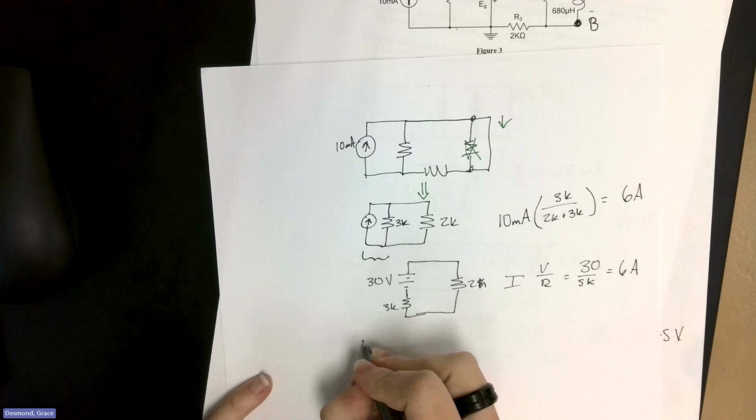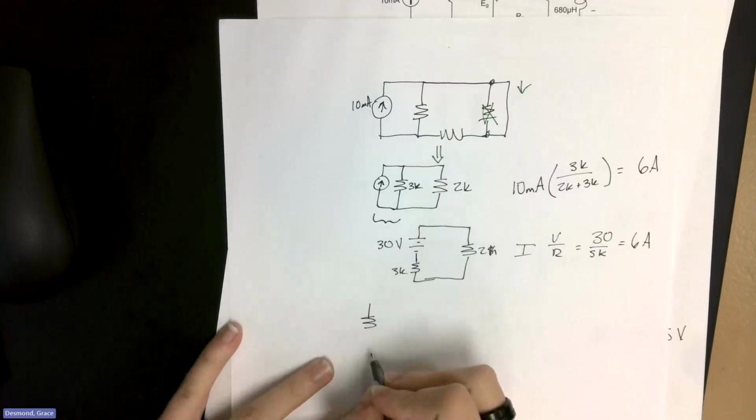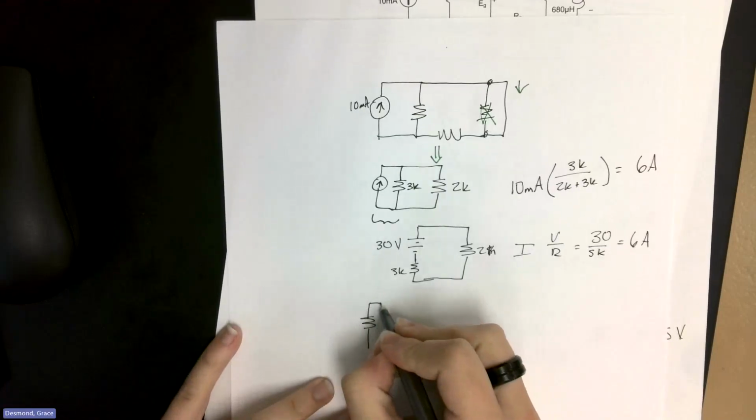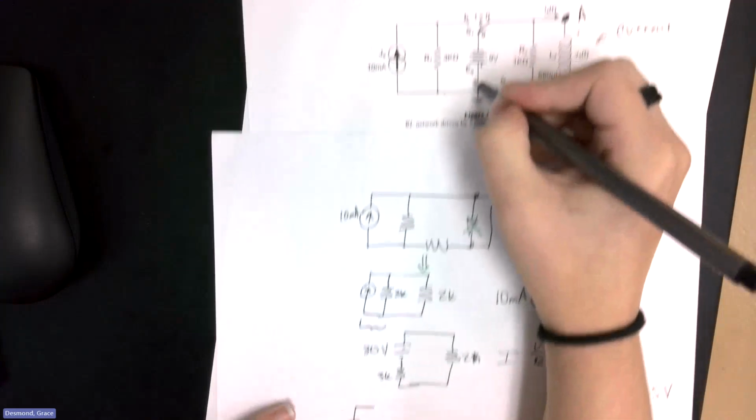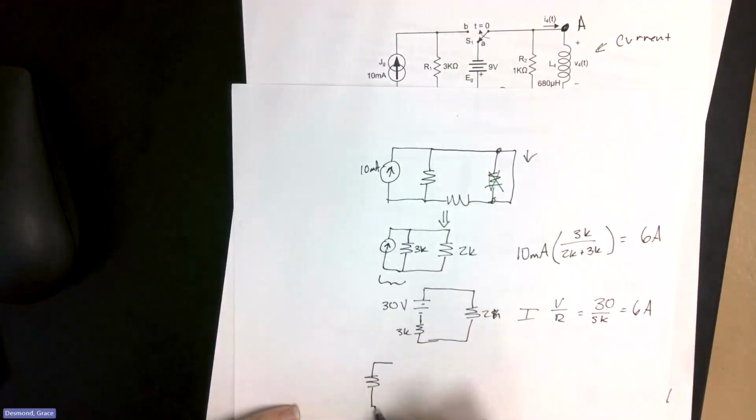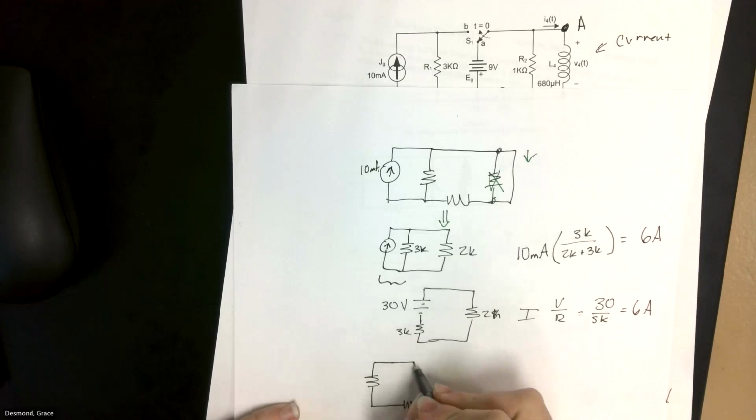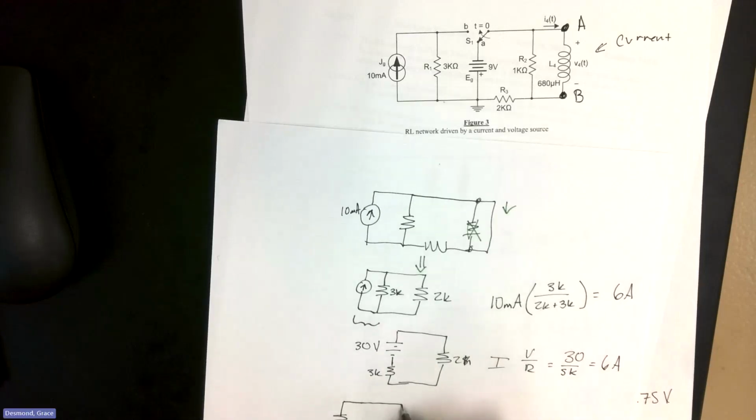So it becomes just that first resistor. And then the switch is flipped, so that goes away. So then it's going to be a resistor down here, then a resistor here.